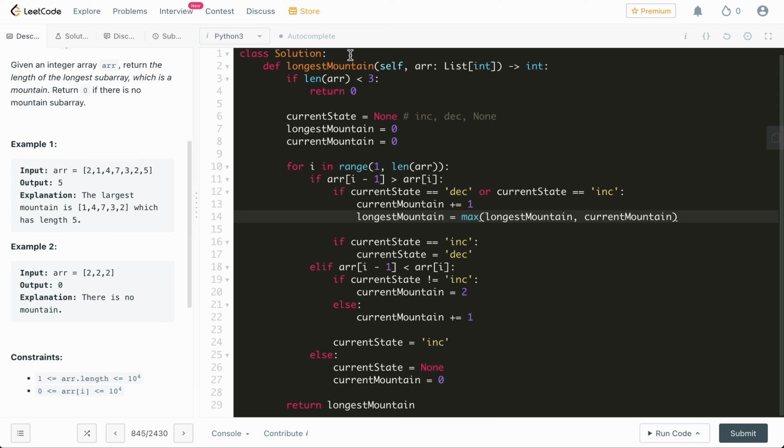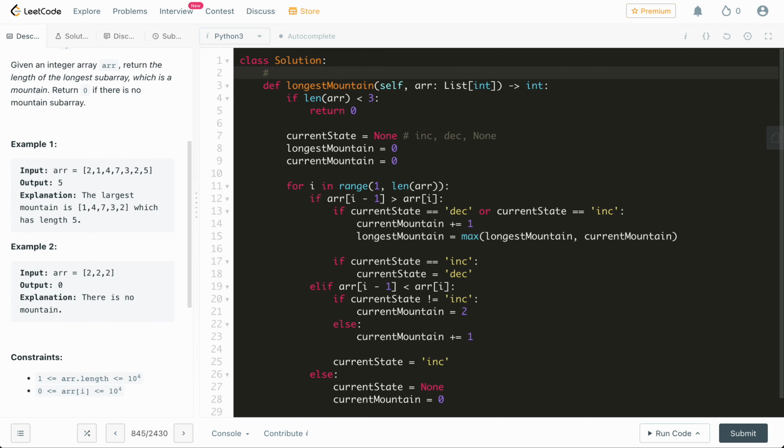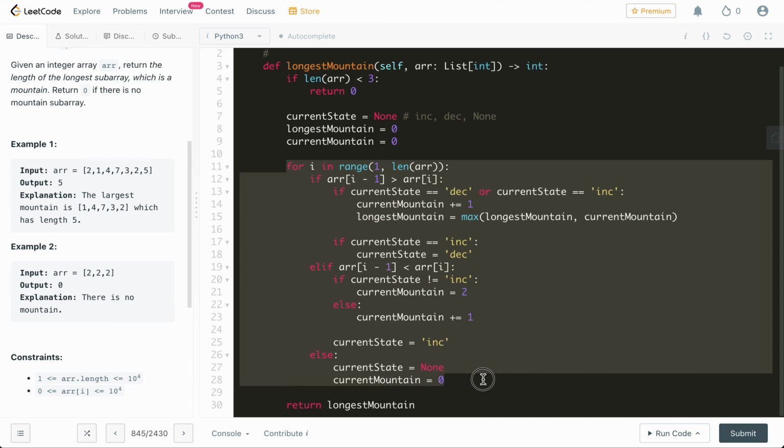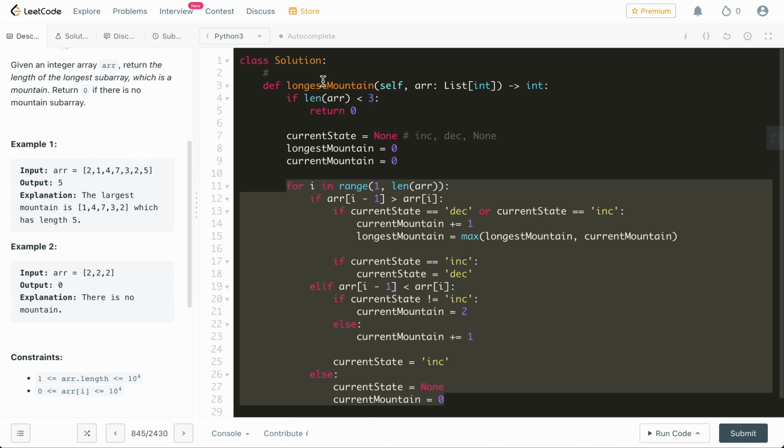The time complexity of this, let's just look at it together. What we're doing is traversing basically the entire length of the array minus 1, which doesn't really matter. We always drop non-dominant terms in big O notation.